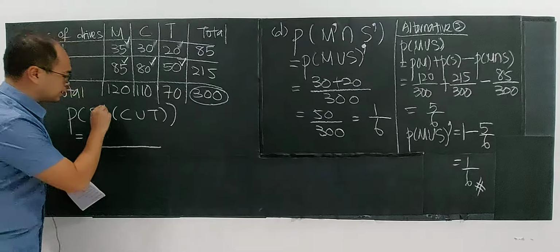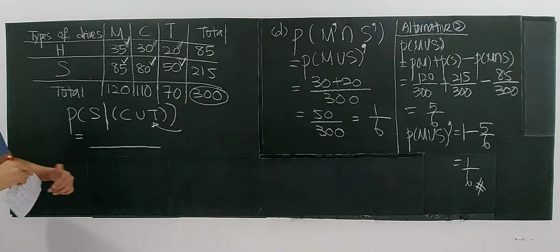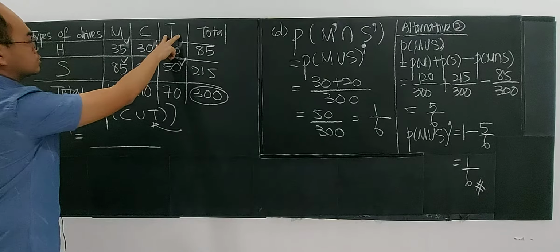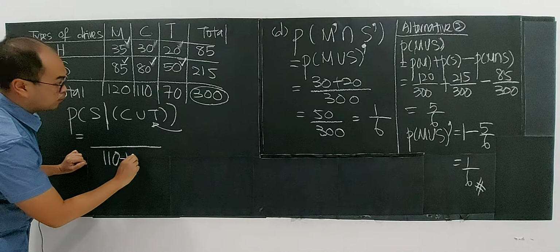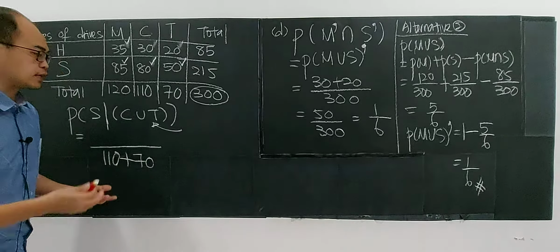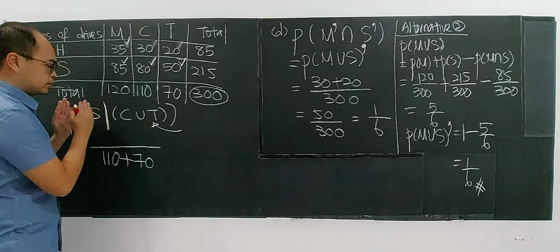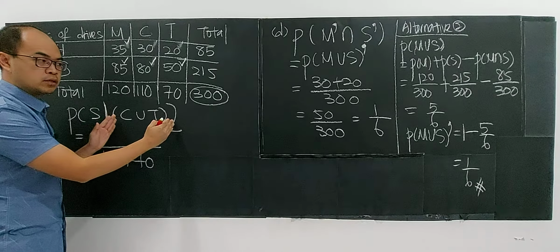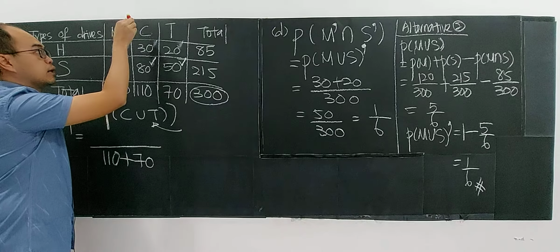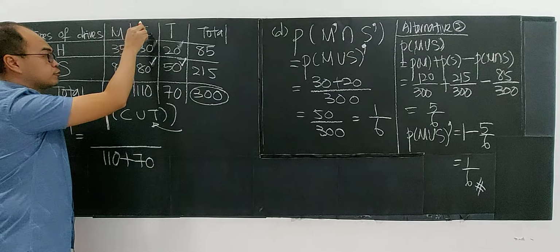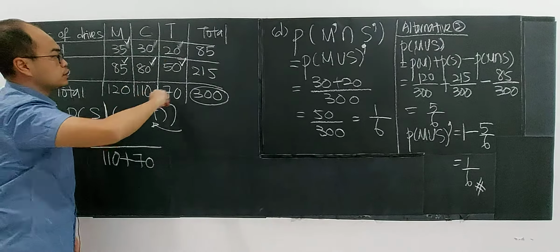Given means that the total you have to take is from China or Thailand. China or Thailand, total you have how many? 110 plus 70. First you have to understand the meaning of given. Given means the total must come from China or Thailand, from this region here.